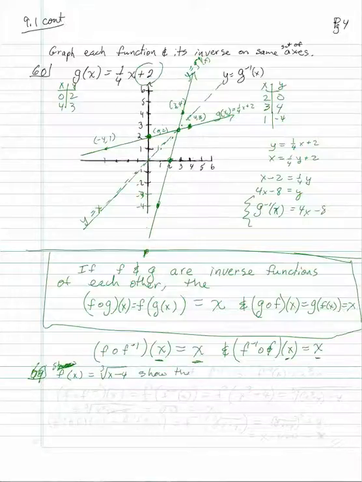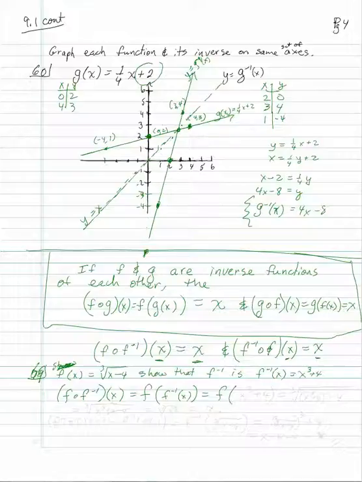Show that f inverse is x cubed plus 4. So what you've got to do is start out with f composed with f inverse of x, which is f of f inverse of x, and see if you end up at x.